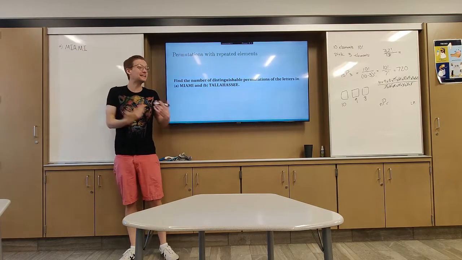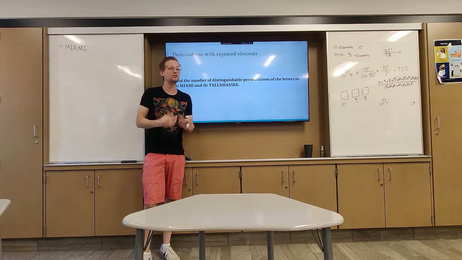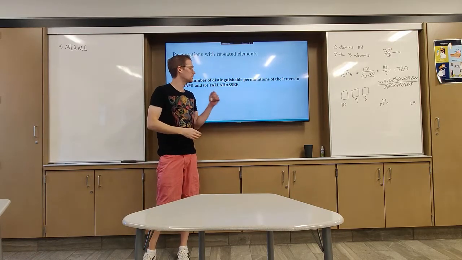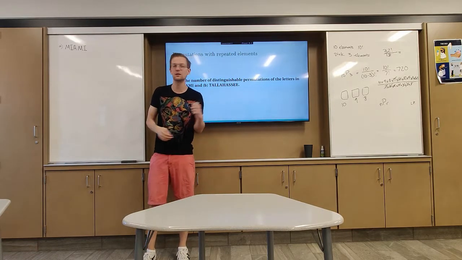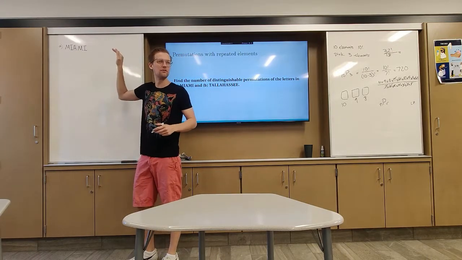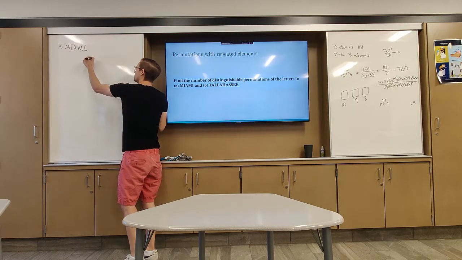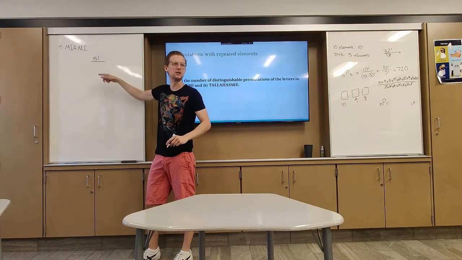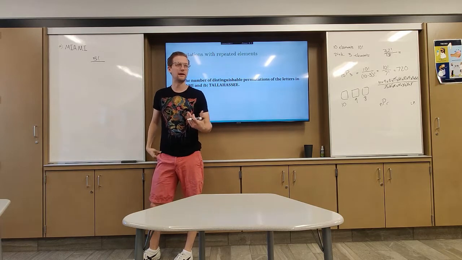These two I's are indistinguishable from each other, so I don't want to double count that word. And so what you have to do is use the equation that I just taught you, and you will get n factorial, where n is the total number of elements, in this case 5. So 5 factorial, that 120, we're going to divide it by some stuff. What do we divide it by?